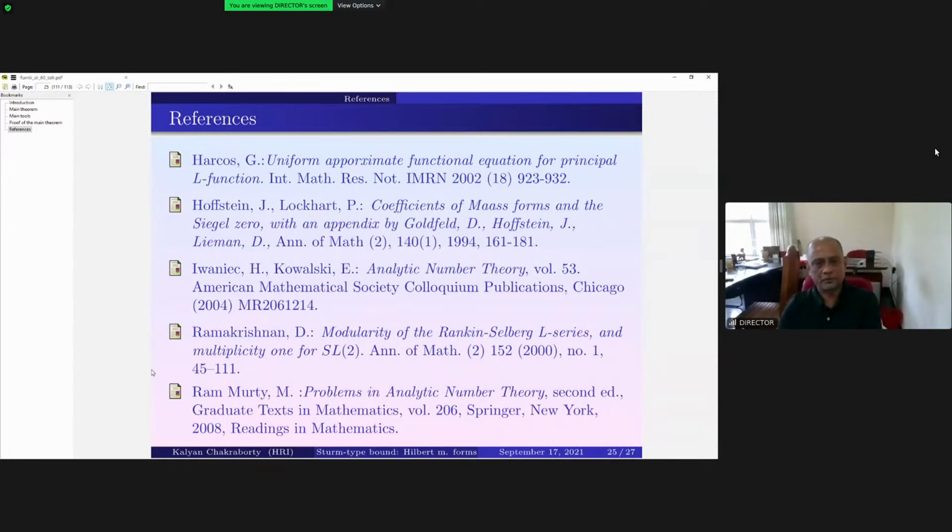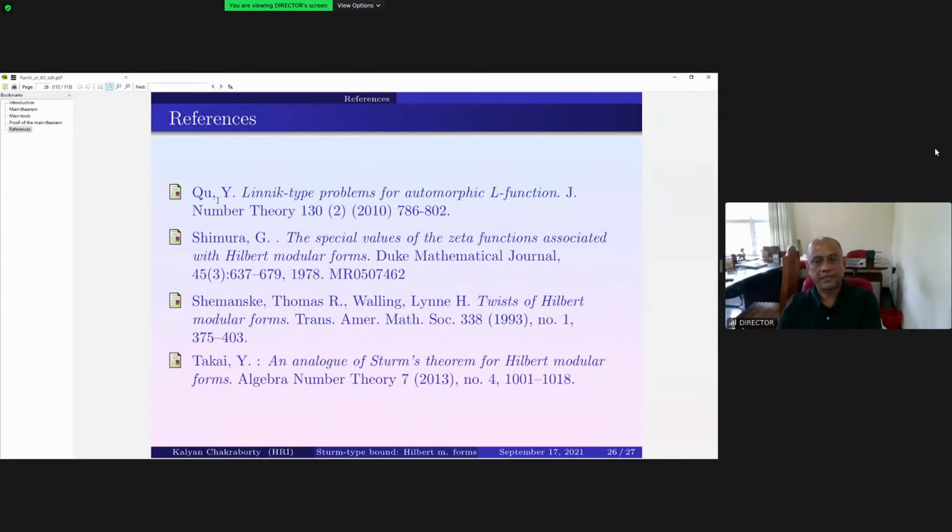And for Hilbert modular forms, one can look at Dinakar Ramakrishna's result. That was Hofstein-Lockhart result that we were talking about. There's some relationship with the L functions that we were talking about. One was by Harkos. And of course, we have this standard texts. That was Shimura's result. Thank you so much.